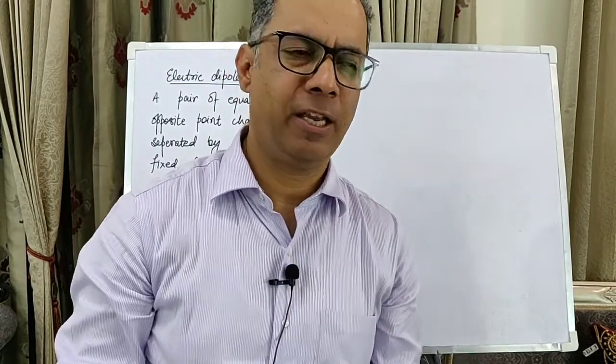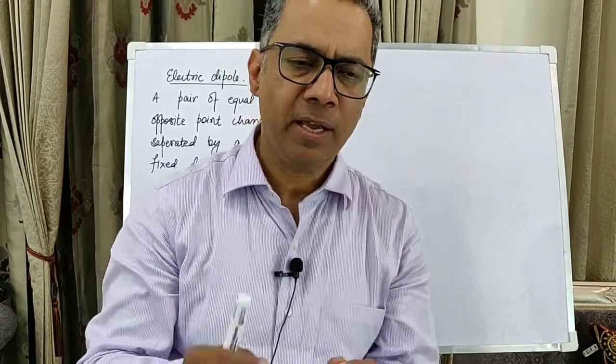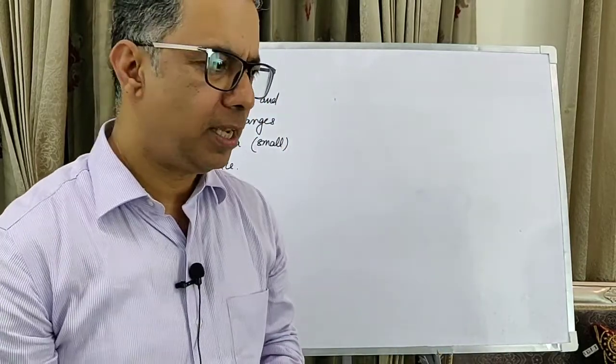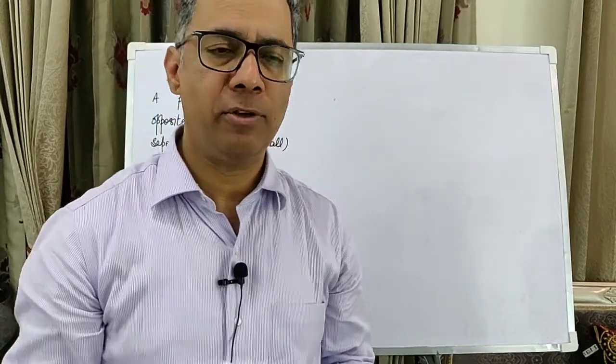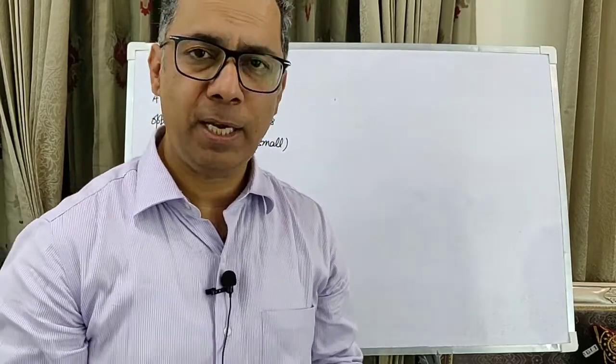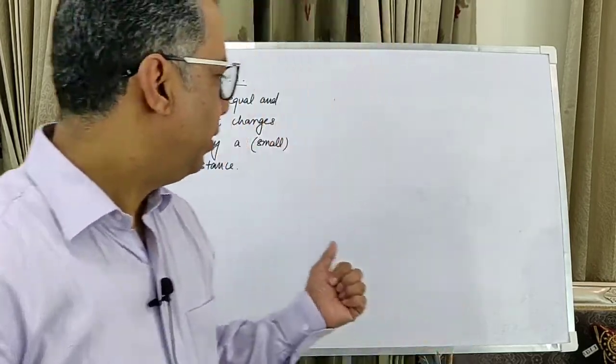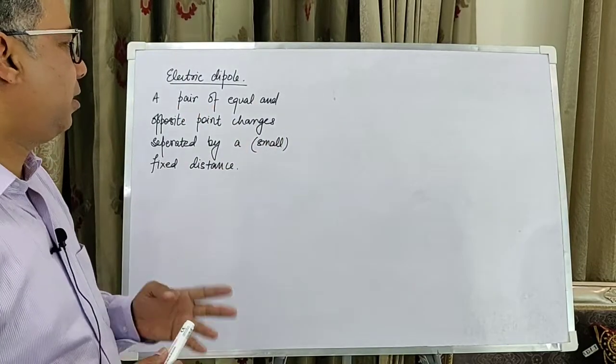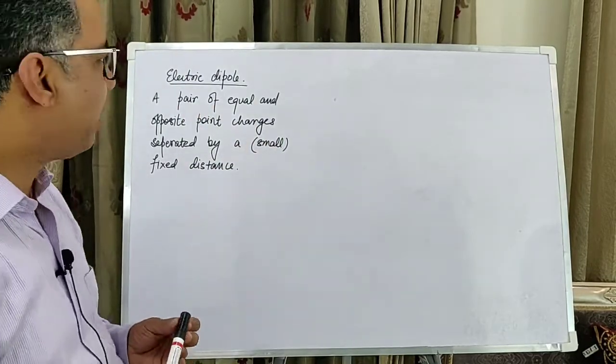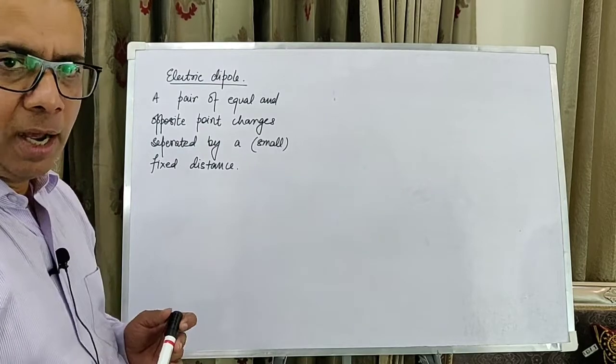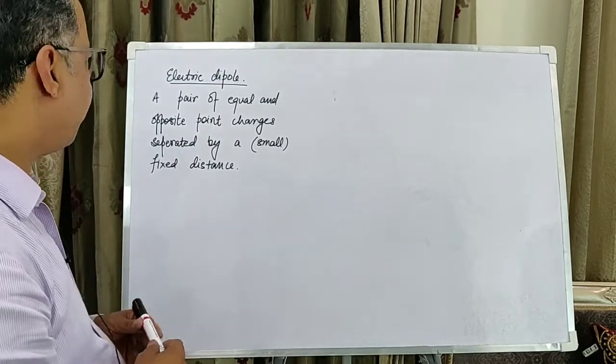Molecules are not like in kilometers, they're very tiny, and the interatomic distances in a molecule are typically of the order of angstroms, which is 10 to the power minus 10 meter, and therefore the distances between the two charges in a given dipole are very tiny distances.